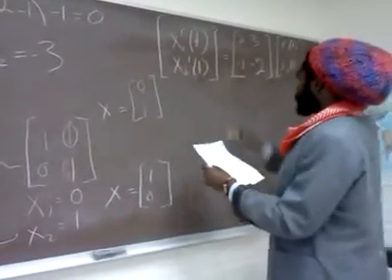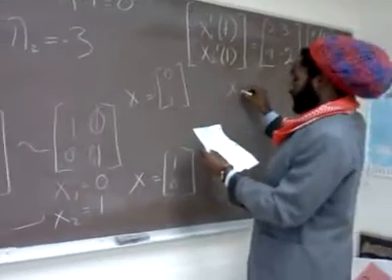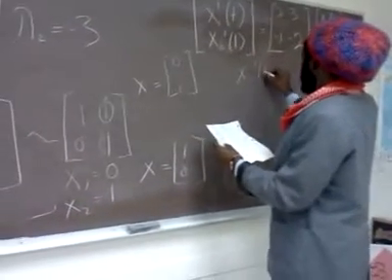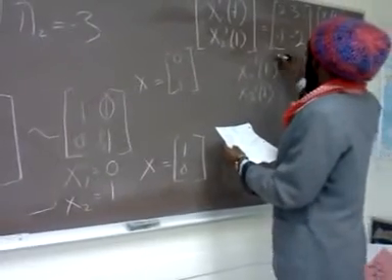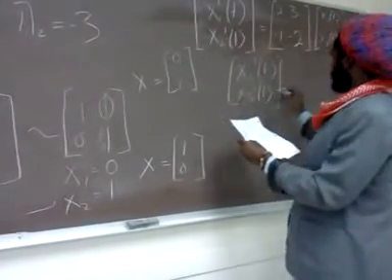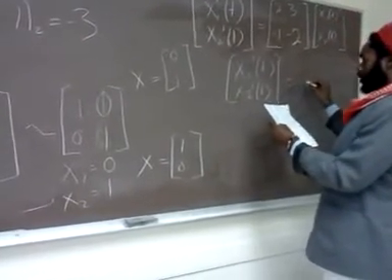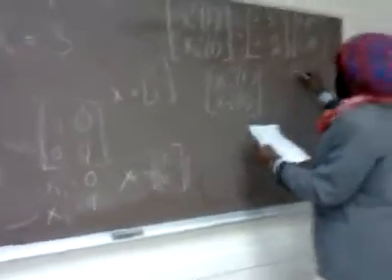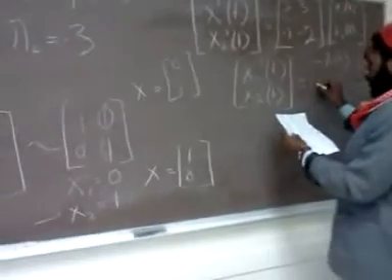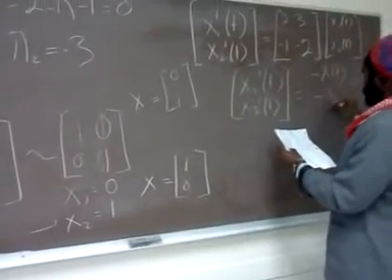From there, we're going to get x1 prime of t, x2 prime of t equals negative x and negative 3x.